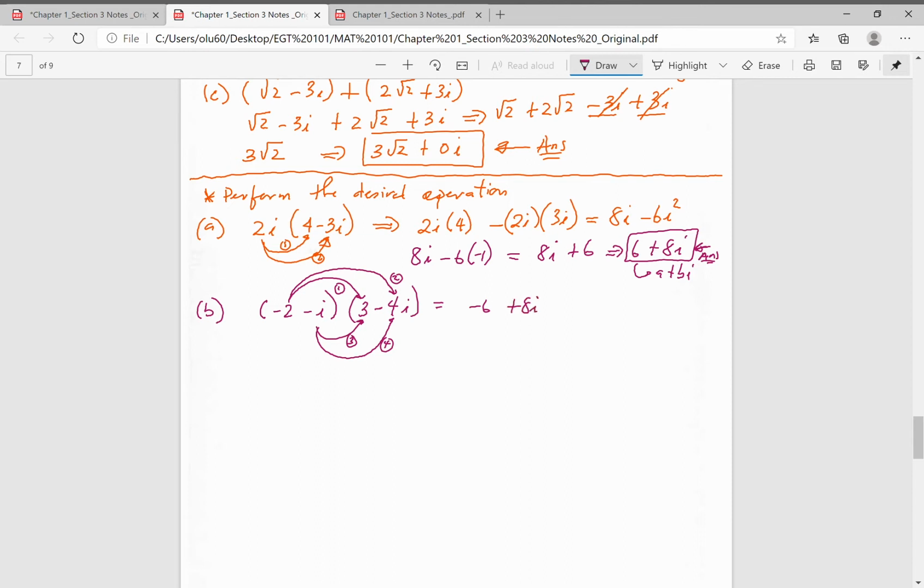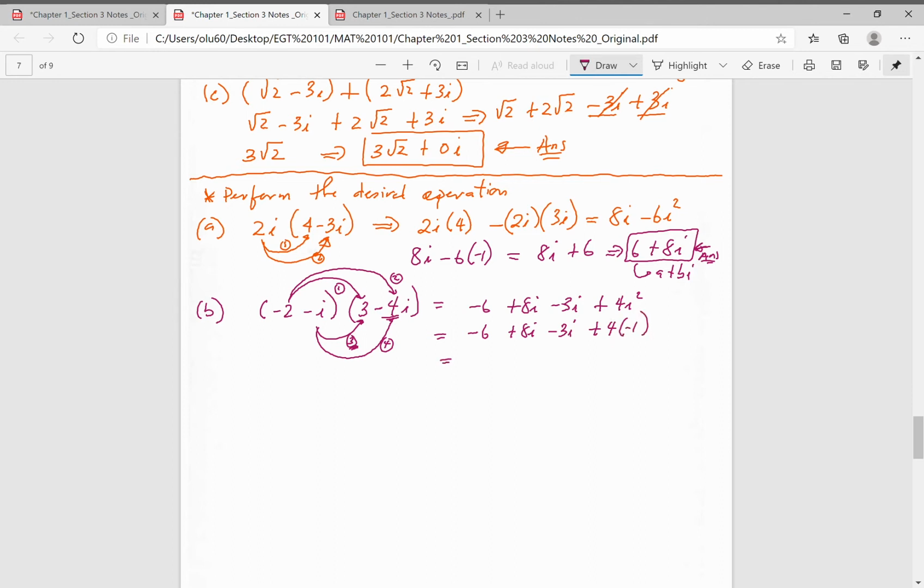Then we have negative i times 3, which gives us negative 3i. And then we have negative i times negative 4i. That's going to give us a positive 4i squared. Okay? And now we want to simplify even further, so there's negative 6 plus 8i minus 3i plus 4 times negative 1, because i squared equals negative 1.